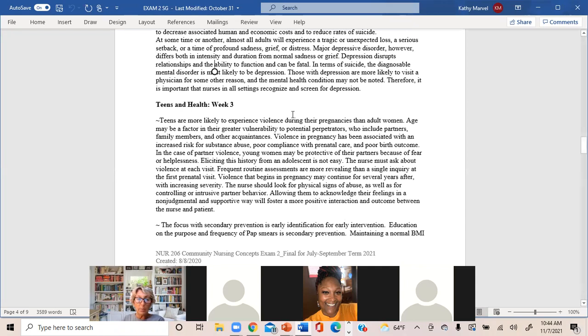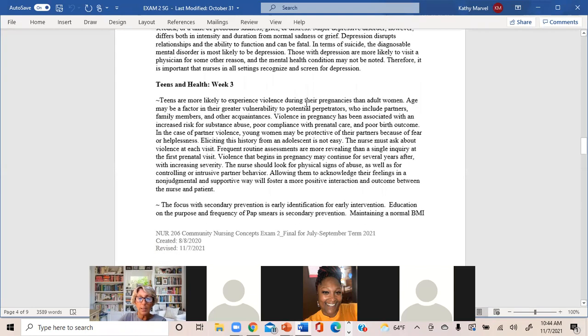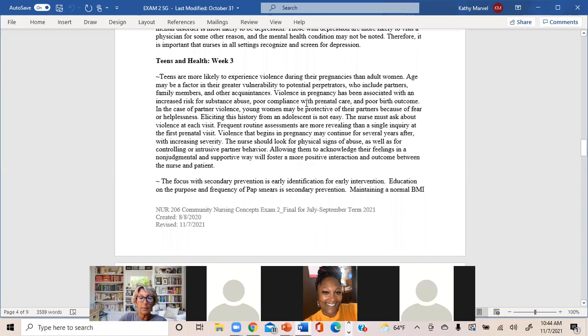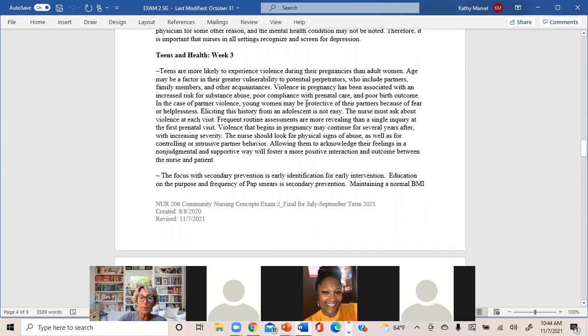And we know that teens are much more likely to experience violence during their pregnancies than adult women. And this talks about violence in pregnancies, increased risk for substance abuse, right? And important in this paragraph is eliciting a history.